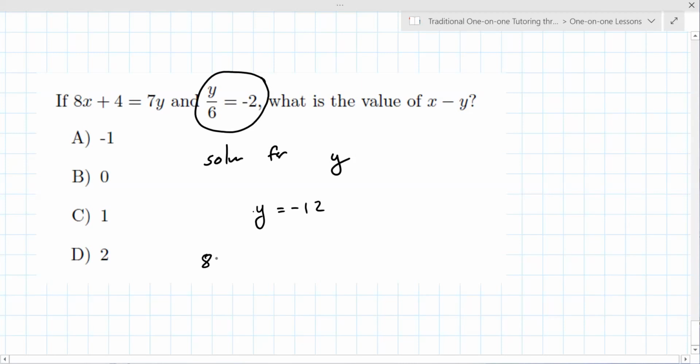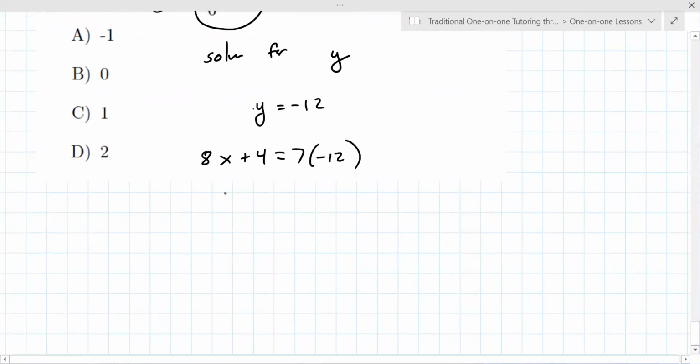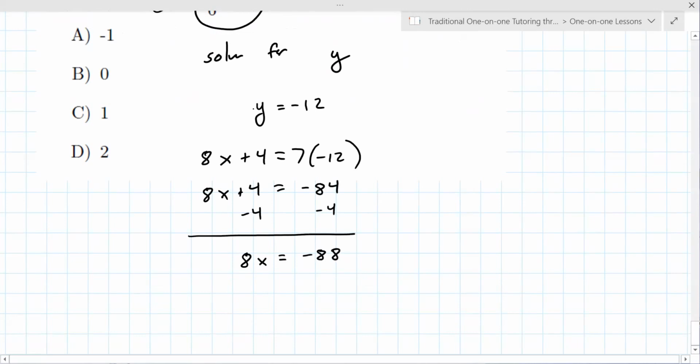And then we write the other equation, but instead of y, I'm going to put in -12. Okay, got it. So what is 7 times 12? So 70 plus 14, 80, -84. Good. You subtract 4 from both sides. Oh, one sec. Yep.